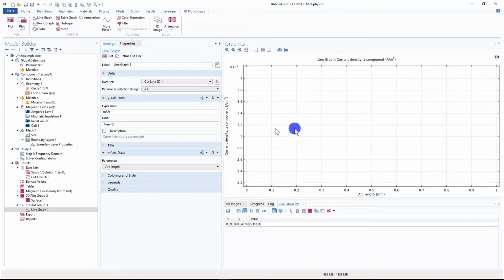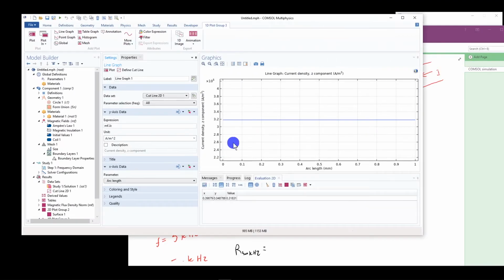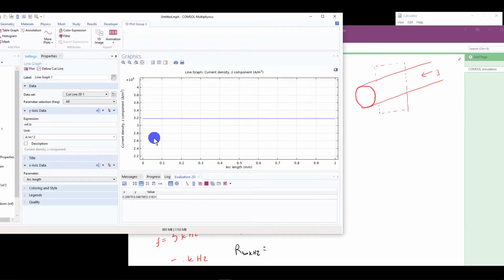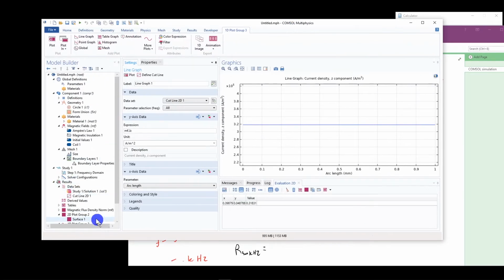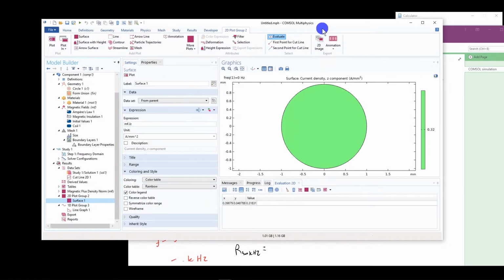Of course, again the current will be equal everywhere. Because the frequency is 0, so current density will be uniform. But now let us do some simple calculation to see whether this number that we get is the actual number that we should get.